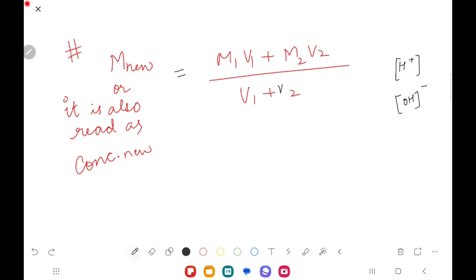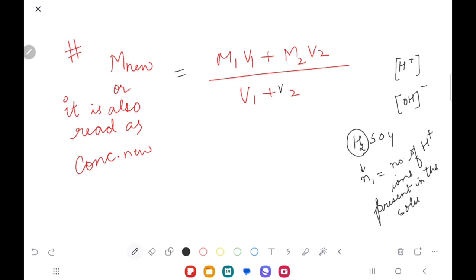So let's suppose we are talking about H2SO4. H2SO4 is going to give you 2 H plus ions, so this is going to be N1 for me. N1 is going to be the number of H plus ions present in the solution. Are you understanding my point?